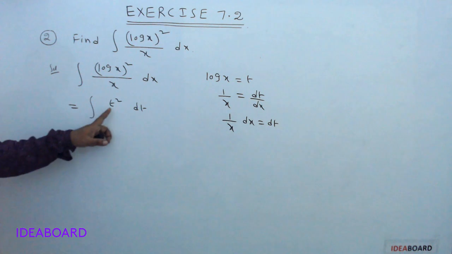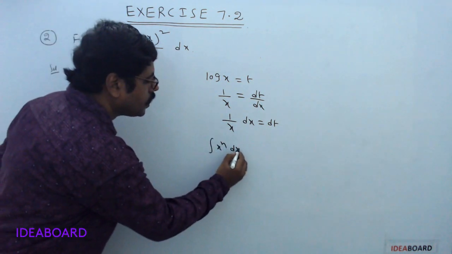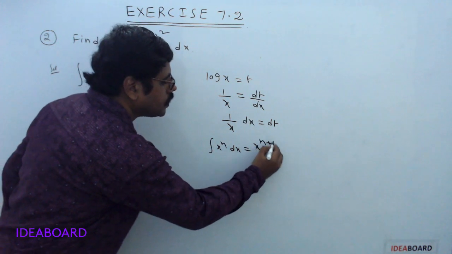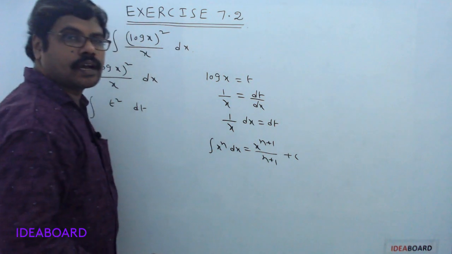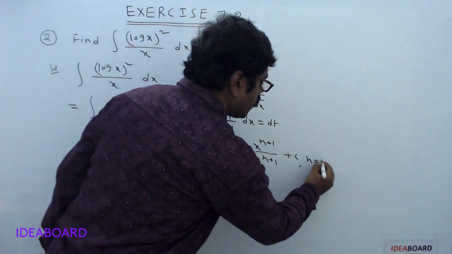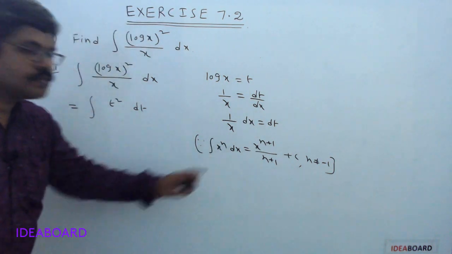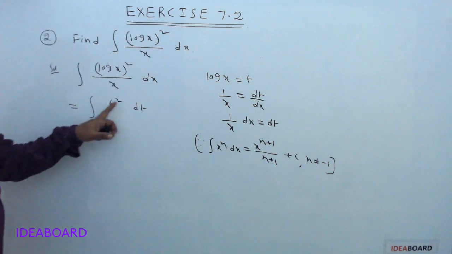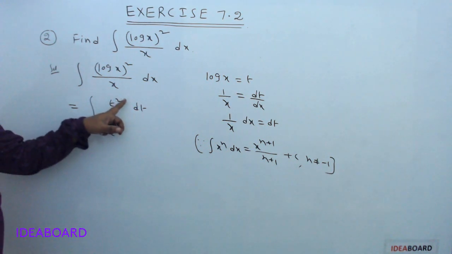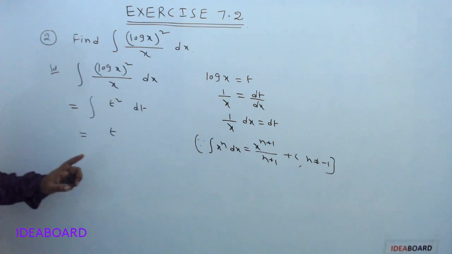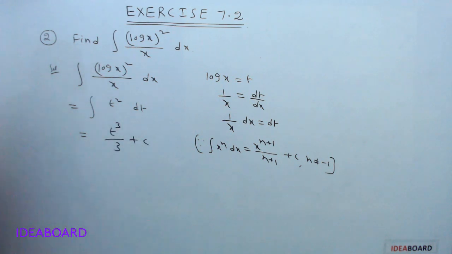So integral t square dt. Integral x power n dx equals x power n plus 1 divided by n plus 1 plus a constant c, n not equal to minus 1. Now by using this formula, integral t square dt is nothing but t power 2 plus 1 divided by 2 plus 1, that is t cube divided by 3 plus c.